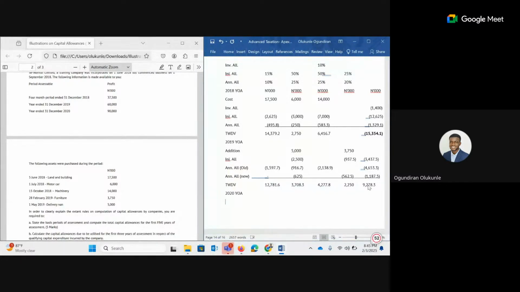All right, so we have annual allowance. This time around, because we don't have a new asset, you can just repeat the allowance. So you say 1597.7. So for the second one, you add the allowances together because there are no additional assets.